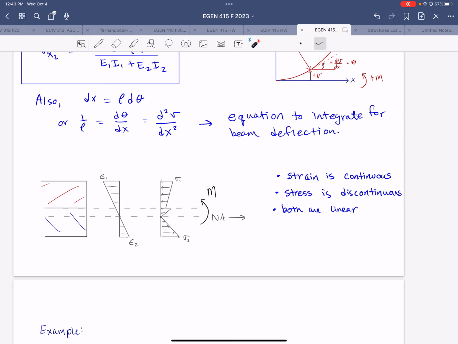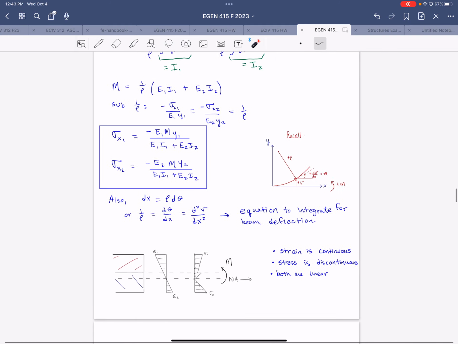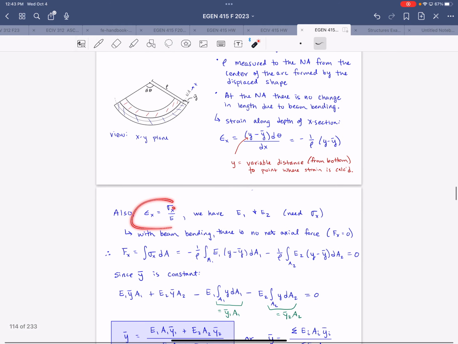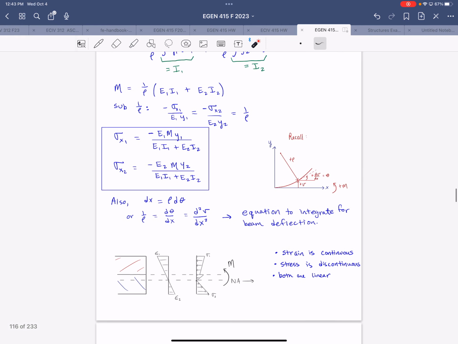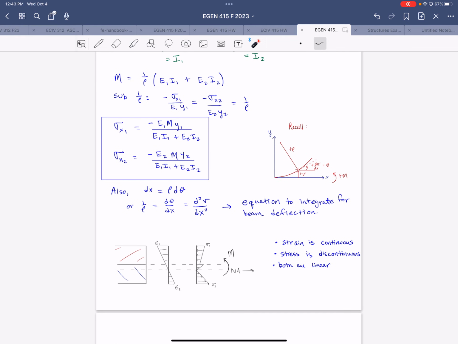And then, of course, the discontinuity in stress comes from this relationship right here, where you have different material properties. I guess the plane sections wouldn't necessarily remain plane over the whole depth at a certain depth of beam, right? Like you could get a deep enough beam where it doesn't necessarily have a linear distribution.